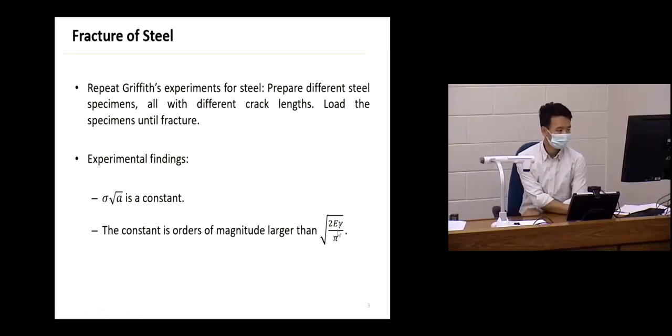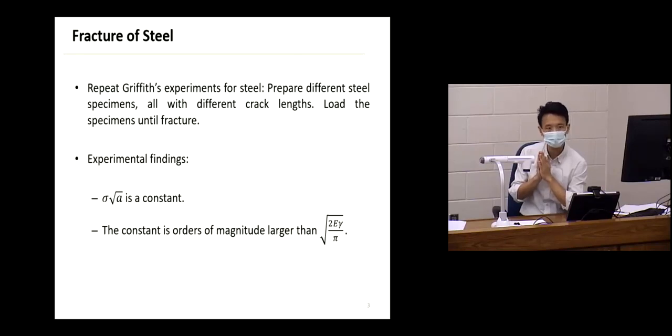Again, where could the problem be? If we think about this expression, 2 and pi are just constants. The elastic modulus, we can pretty much get that well, so that's not suspicious. The issue is the gamma. Gamma is the energy needed to increase the surface.